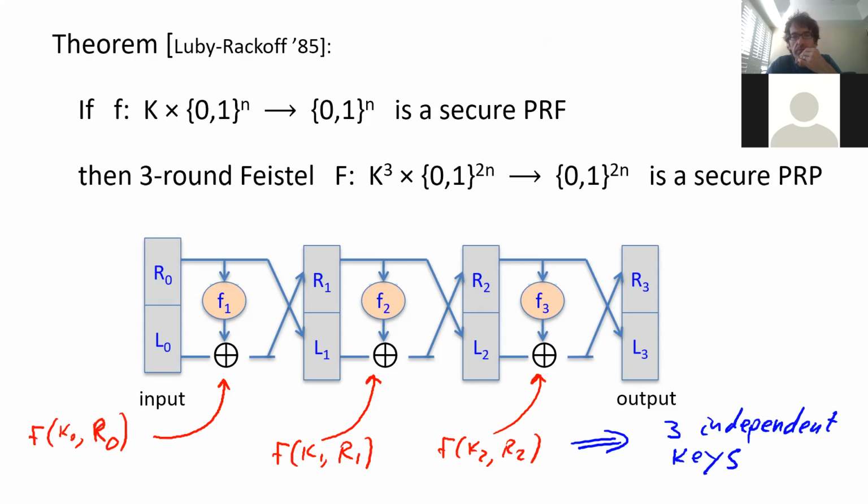And an instructive thing about this is to look at, well, why 3 rounds? How about doing only 2? It's not hard to see that that is an insecure construction of a PRP.